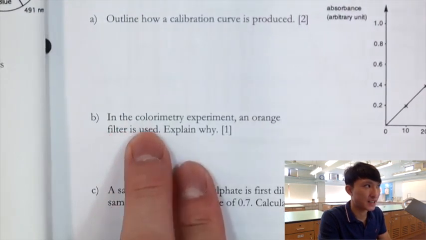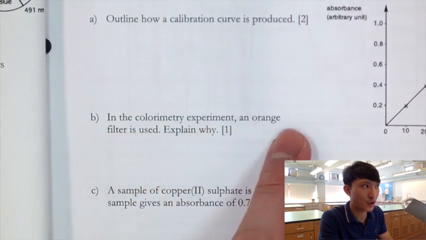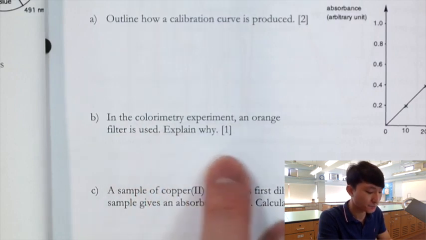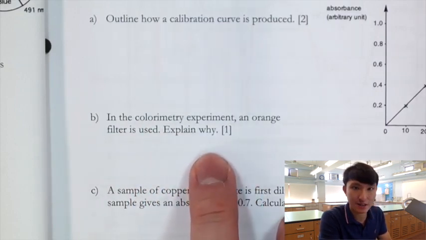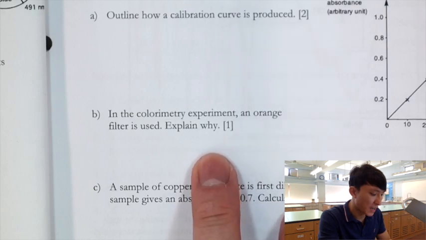Now, part B, in the colorimetry experiment, an orange filter is used. Explain why. This one was actually asked in the DSE before.